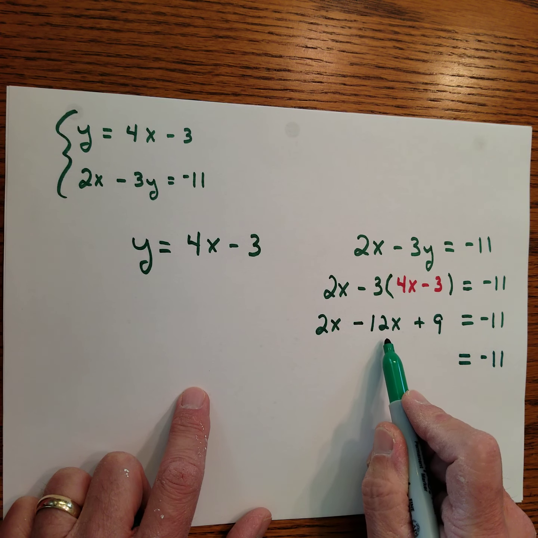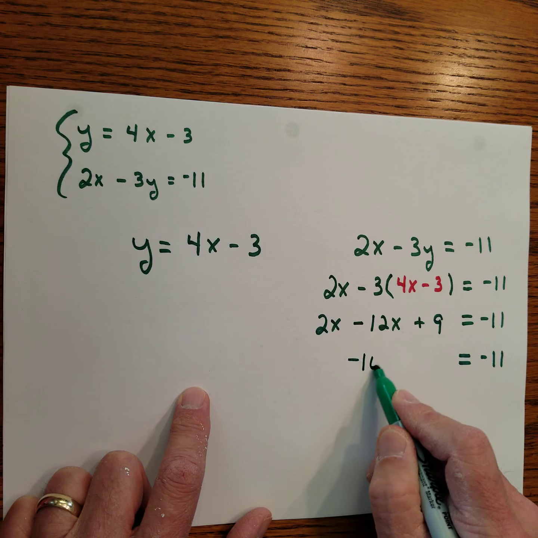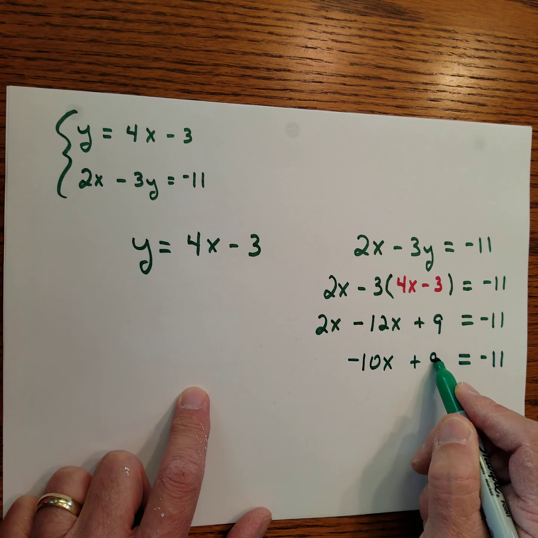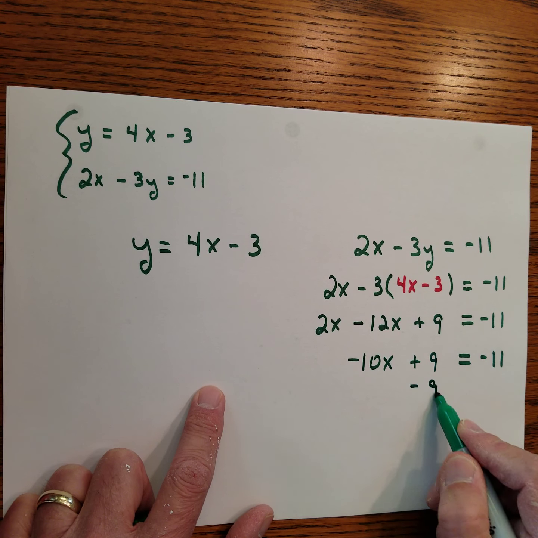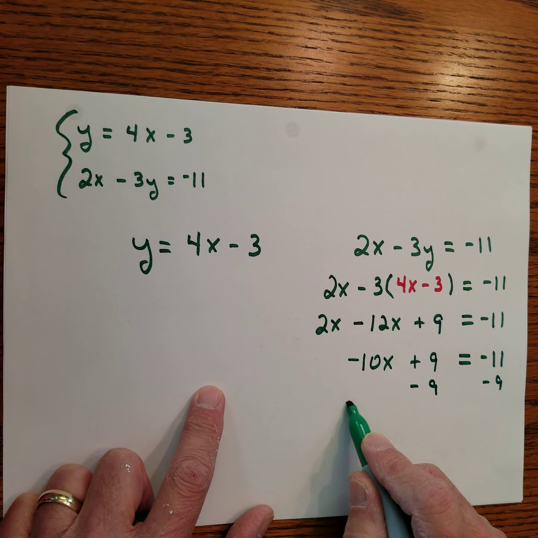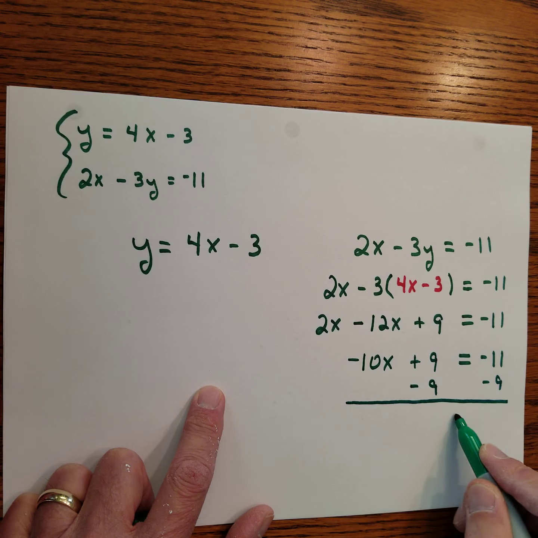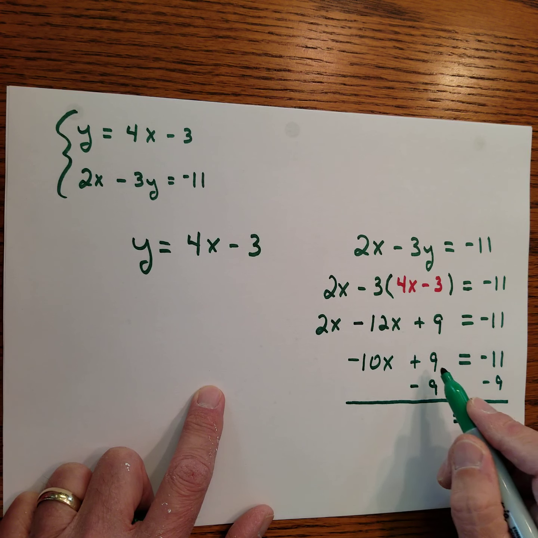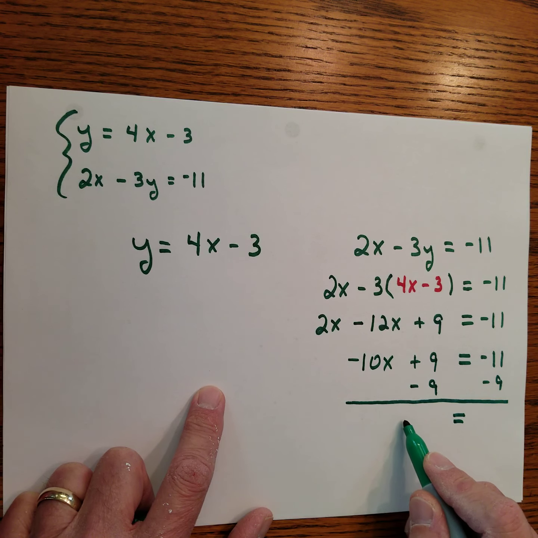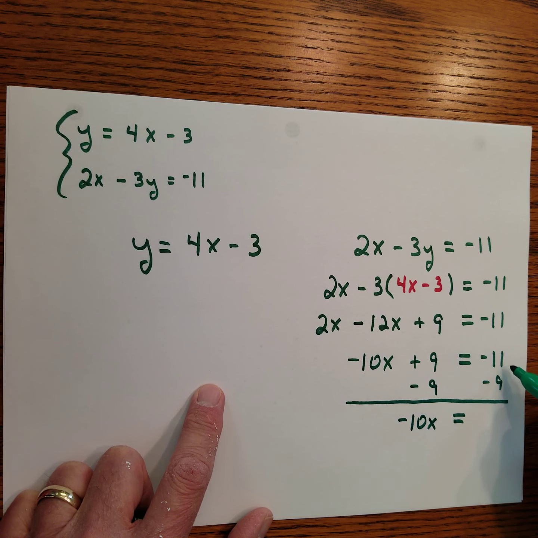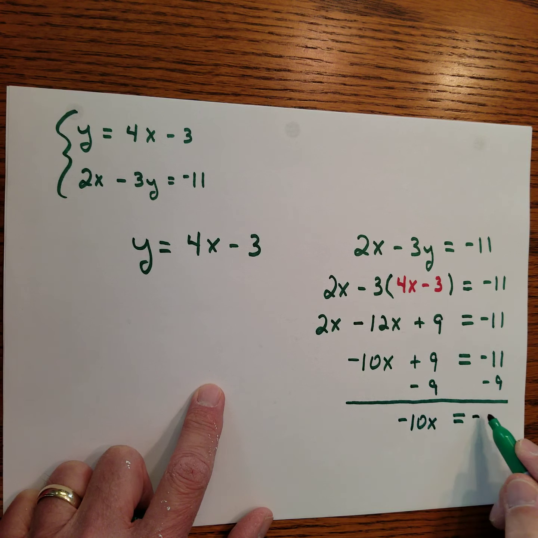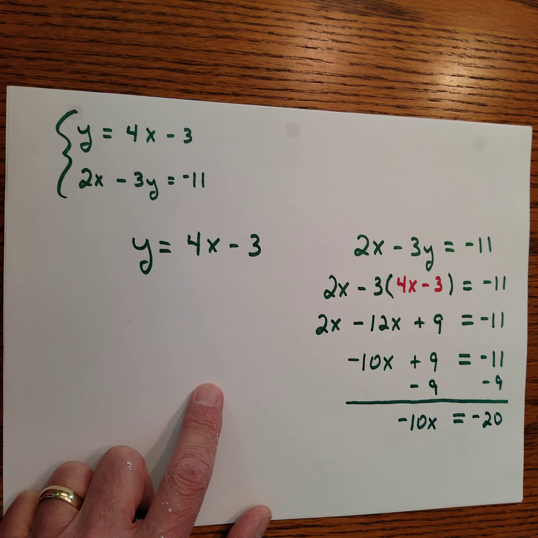Combine 2x and negative 12x is negative 10x. The inverse of addition is subtraction. Positive 9 and negative 9 is 0 plus negative 10x. Negative 11 and negative 9 is negative 20.